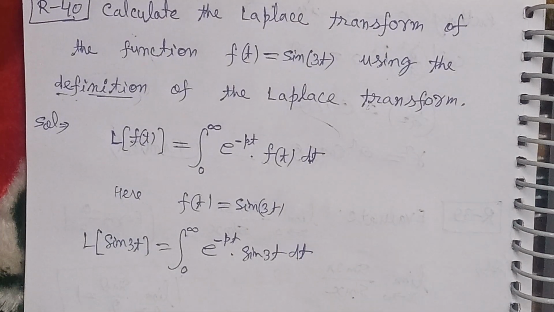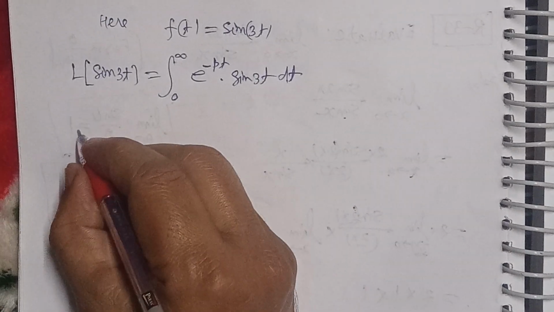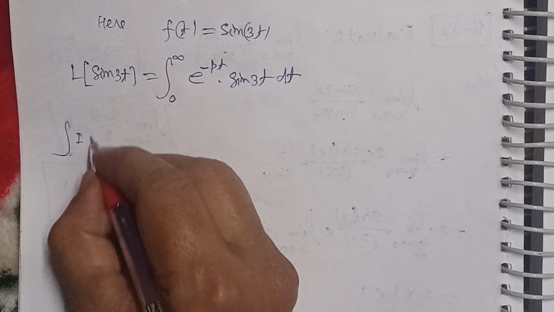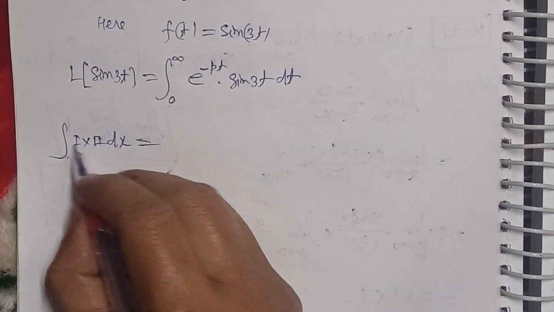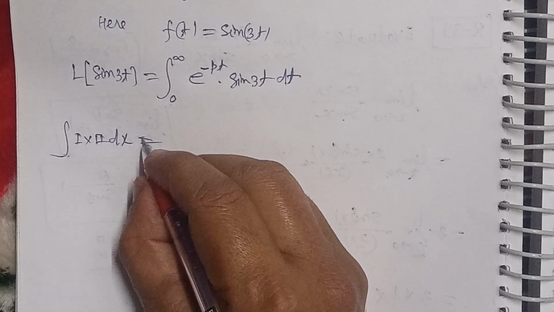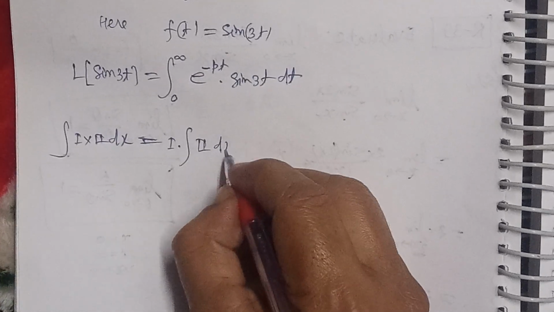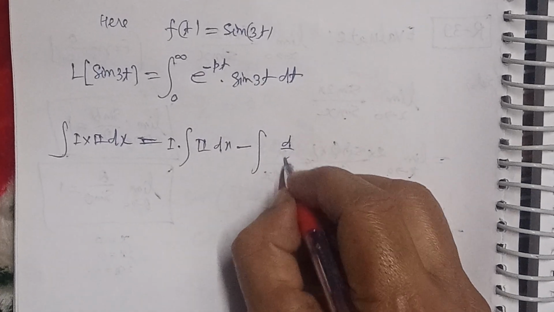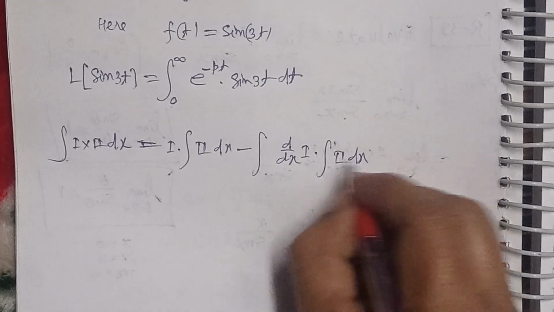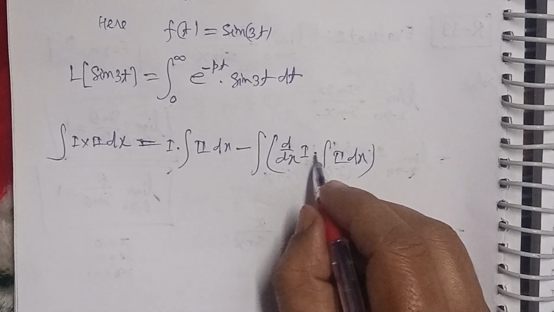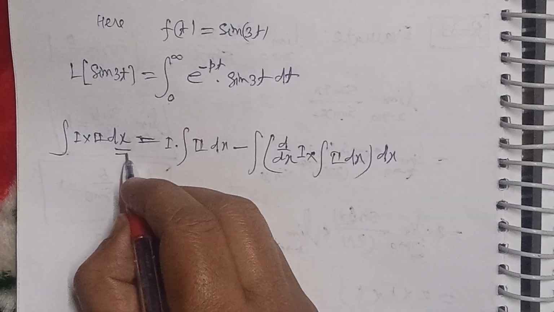And now we apply the formula of integration by parts. The integration of multiplication of two functions: first function as it is, integration of second function, minus the integral of differentiation of first function times integration of second function, and integrate these two values with respect to the variable.